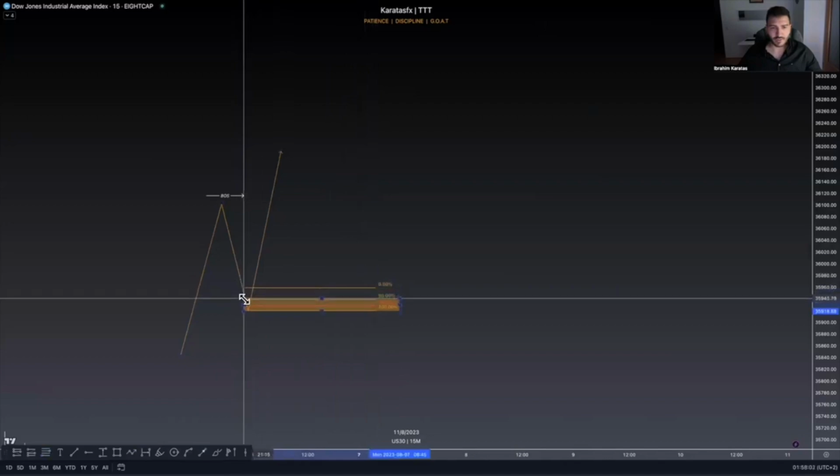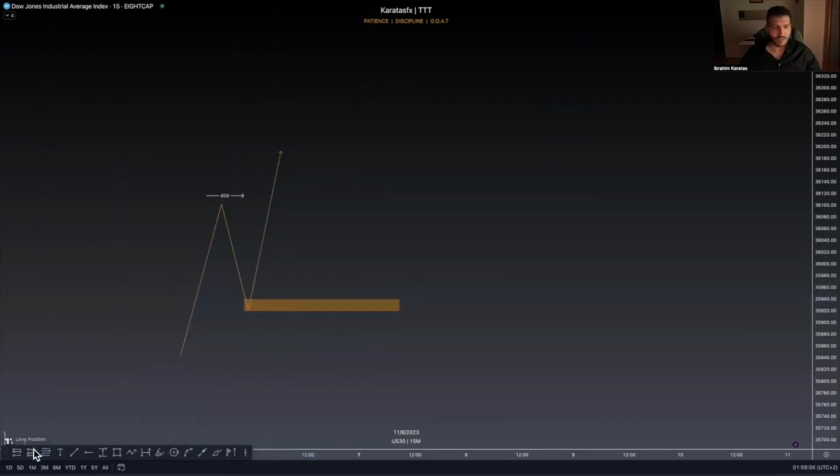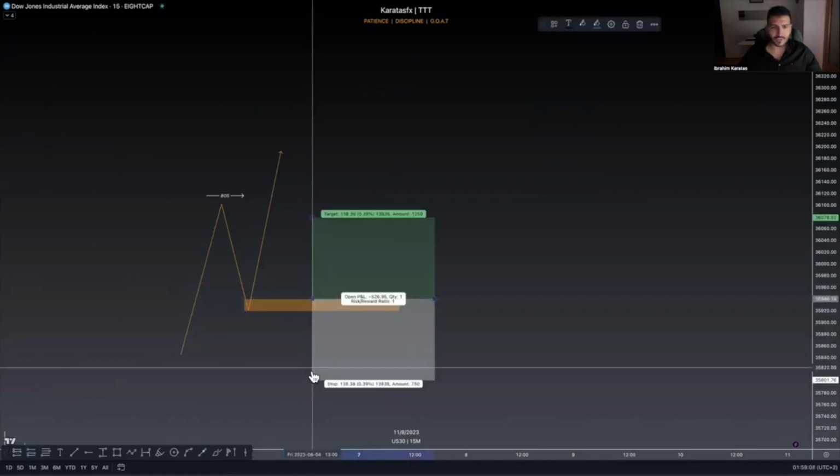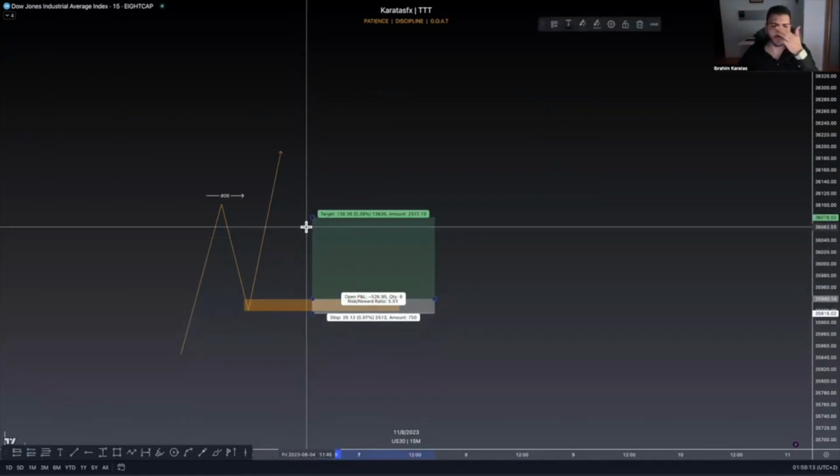Now refine it back to 50, remove the Fibonacci, take our long tool, press it there, SL a little bit below, and if you want to know how many pips below or above, nobody knows, okay? Backtest your favorite currency pair, and you're going to see how often it liquidates with 5 pips, 10 pips, 15 pips.